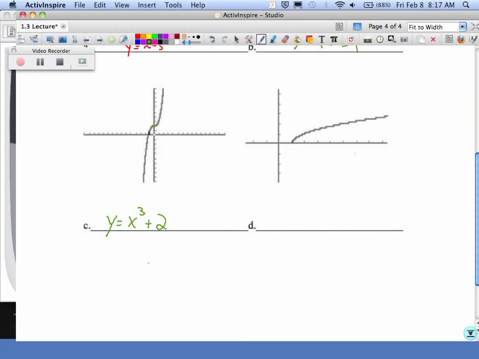Now this is one also that it looks like it's hitting at -1, 0, doesn't it? Sure. Doesn't it? So, because it's up at 0, 2, and I went 1 to the left, it should only be down 1, and it kind of looks like it hits there.